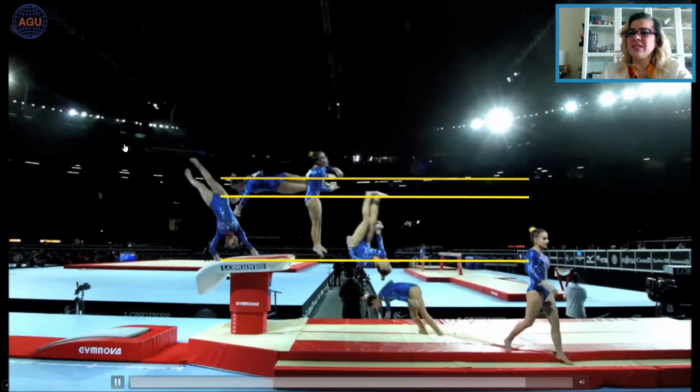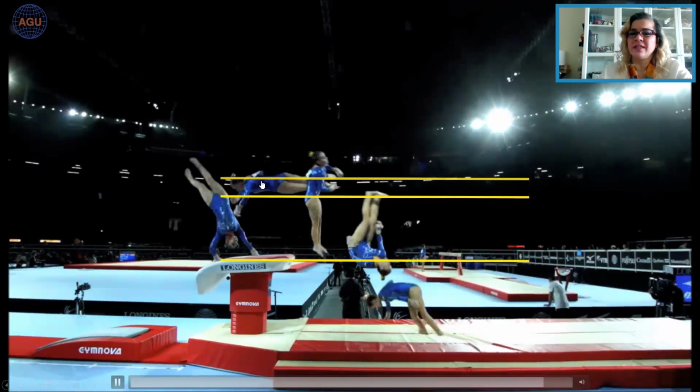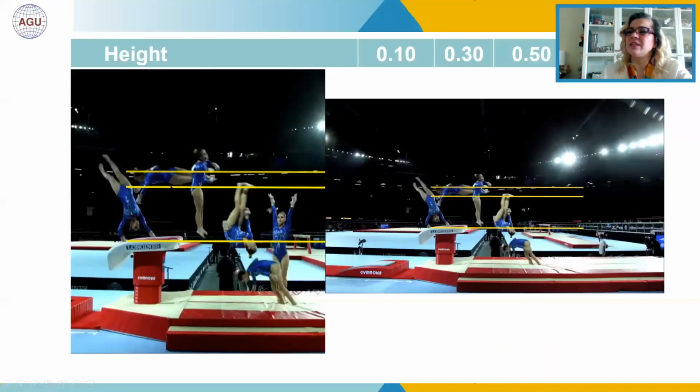So as you could see here, with the level sticks, this area gets narrower and lower down. So that's why she receives 0.5. I hope it's clear for the criteria for the height and how to define which deduction it is.